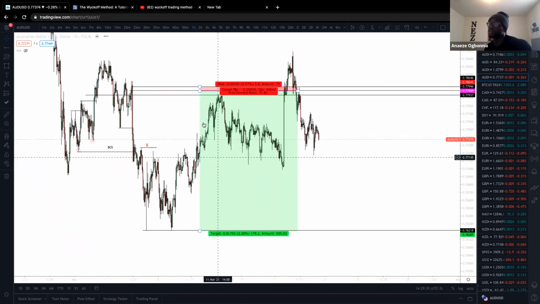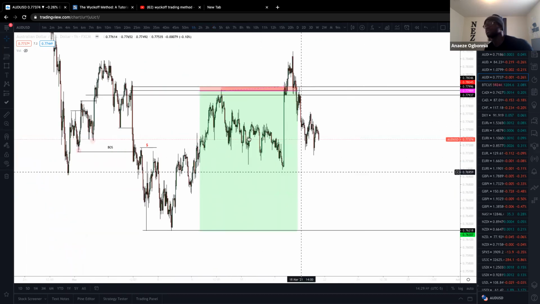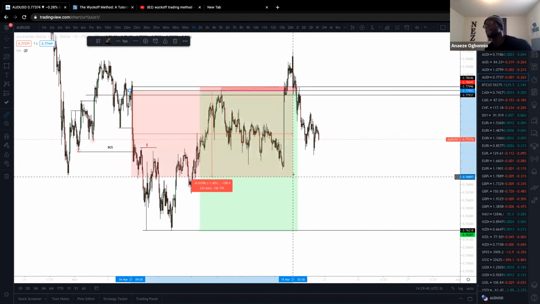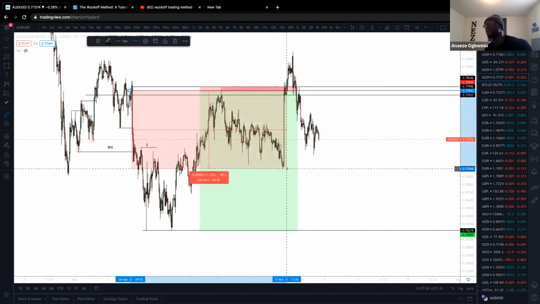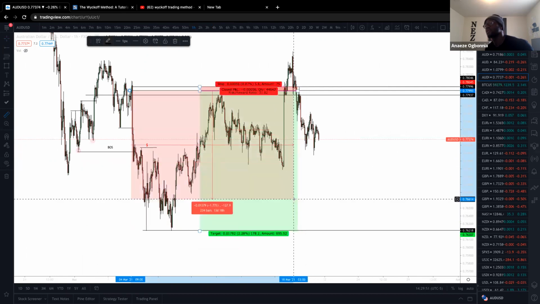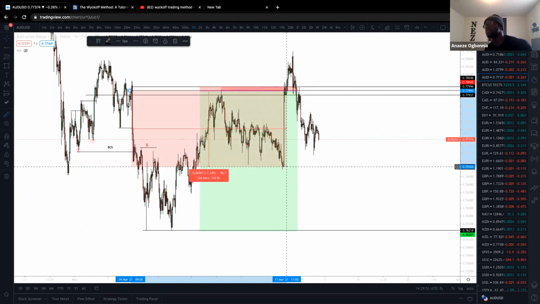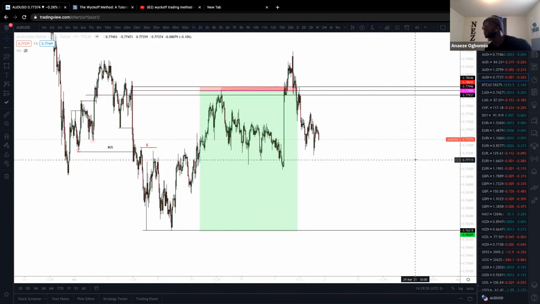Stop loss break even there, let it ride. I mean, I took partials, I guess. So yeah, same thing. I was sitting at what, 98 pips? My target was definitely 180, but that's a lot.